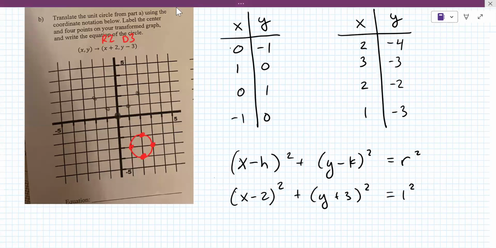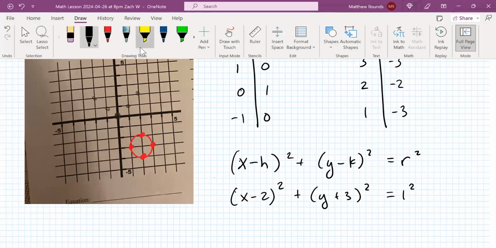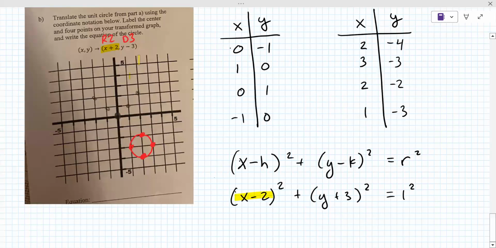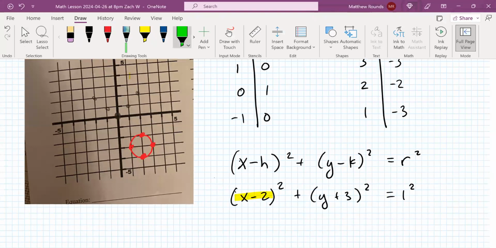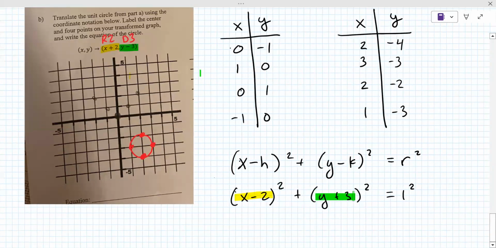So see how it went from x plus 2 to x minus 2? That's the difference between explaining the transformation and writing the equation. X plus 2, x minus 2, y plus 3. Okay, wait.